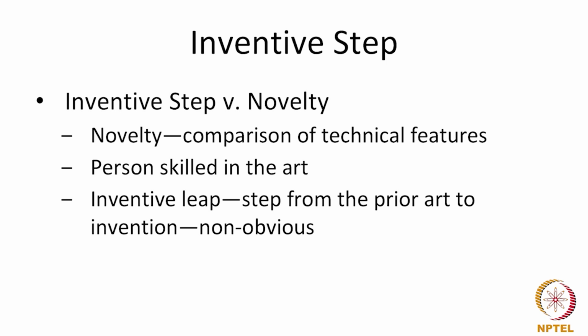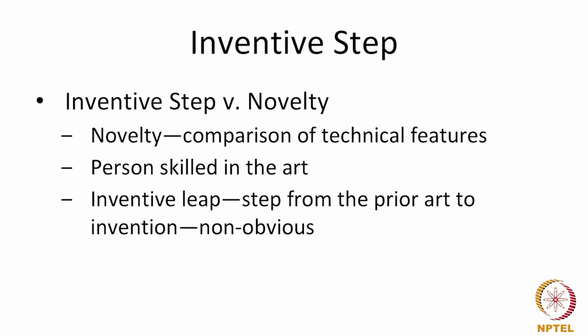The substantial advancement is something which is not an obvious extension of the work that is normally done, or the courts have also used the words workshop improvement or workshop variation. By workshop improvement or workshop variation, we understand the various things a person skilled in the art would do if he is encountered with a problem.